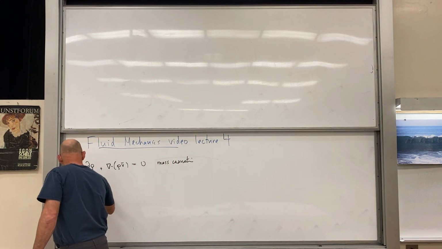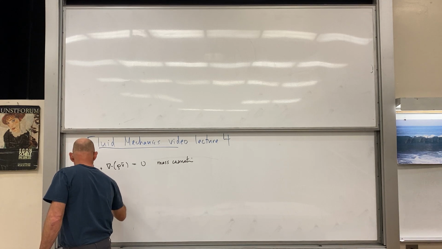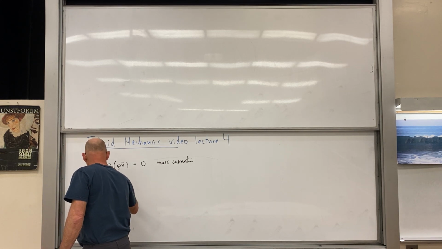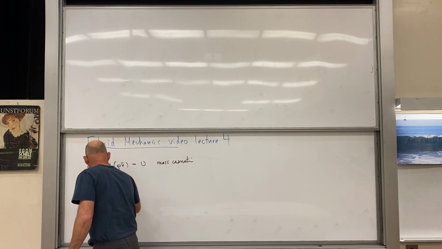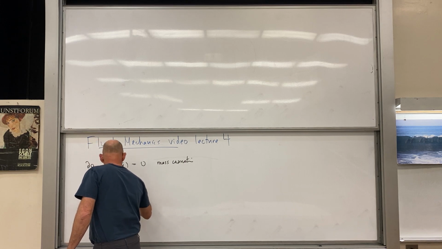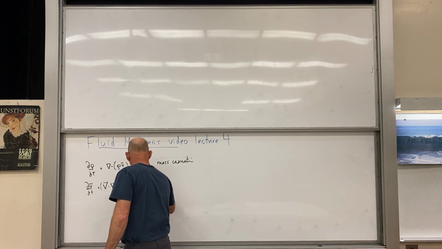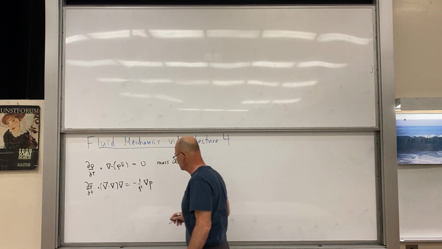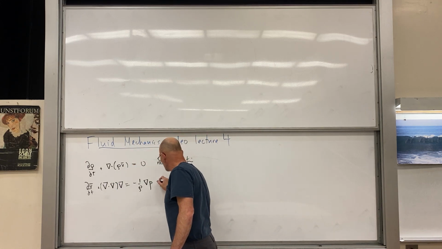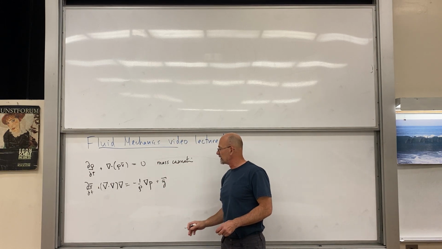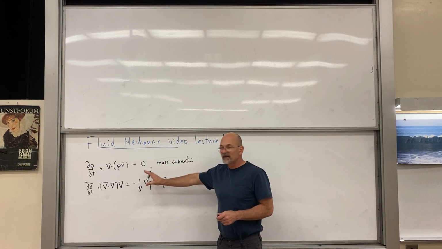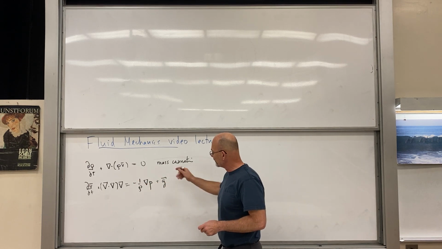Then we have from Newton's law, acceleration of v dot gradient applied to v minus 1 over rho gradient of the pressure. We'll go ahead and put g in here, and of course g can be absorbed into the pressure if need be for a simple form.